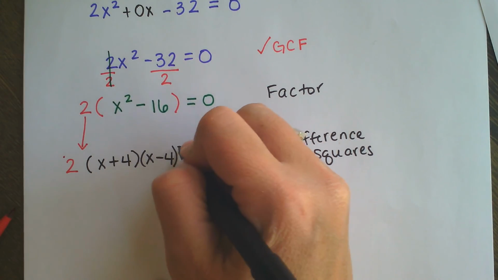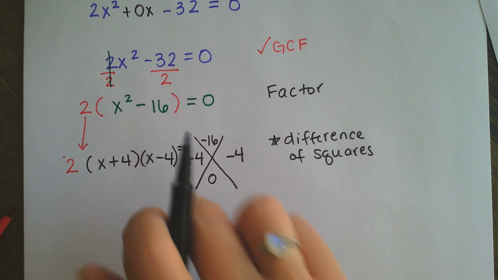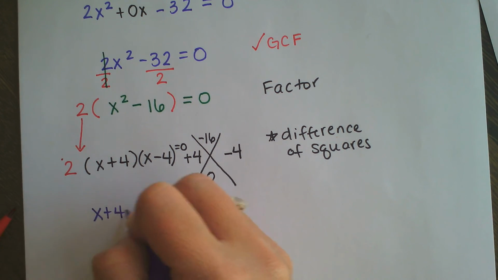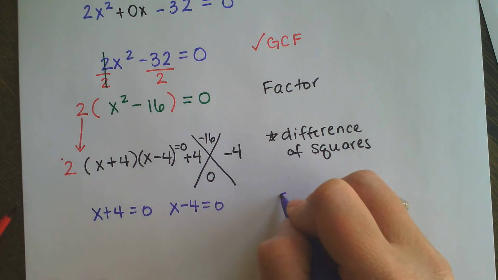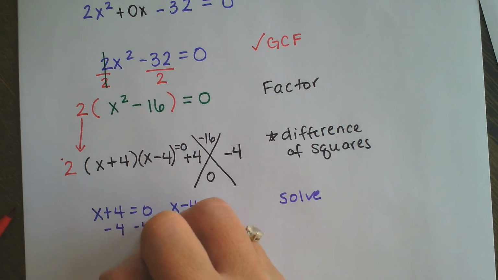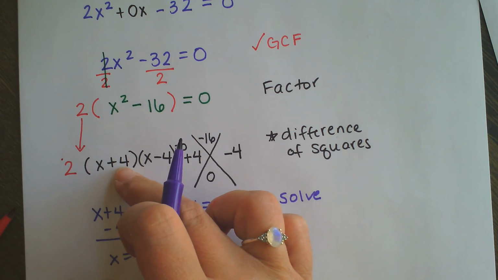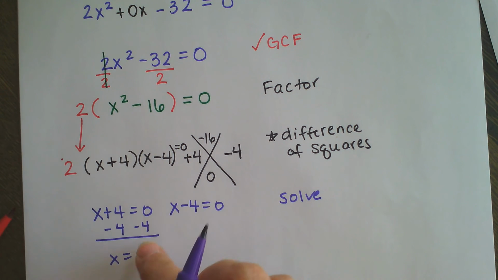My problem is still set equal to 0, which reminds me, anything with an x needs to be set equal to 0 and solved. And what you should be noticing is the pattern that from your factors to your answers, really, we're just kind of switching the signs.